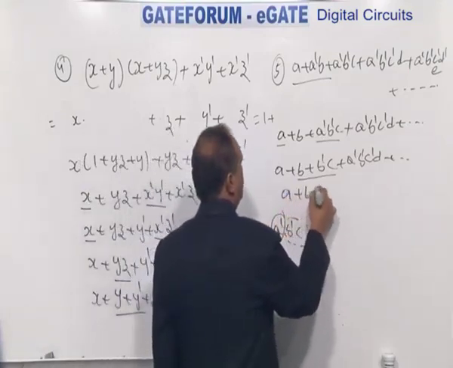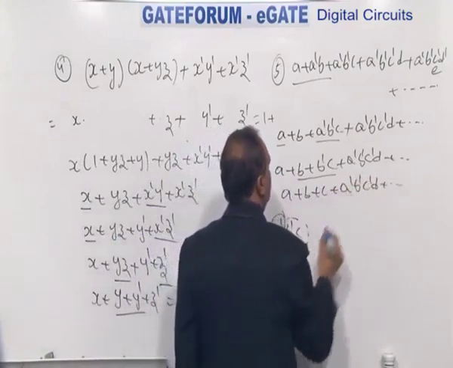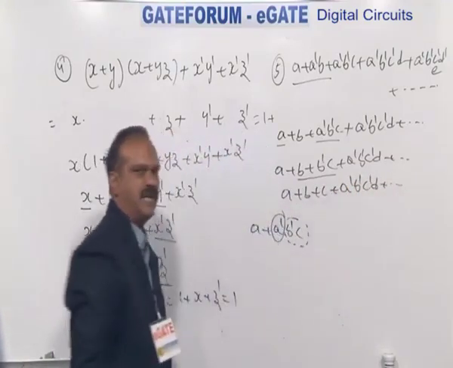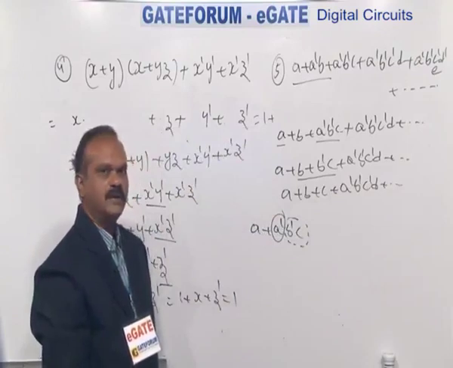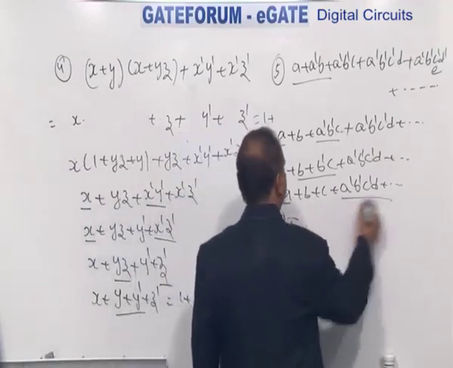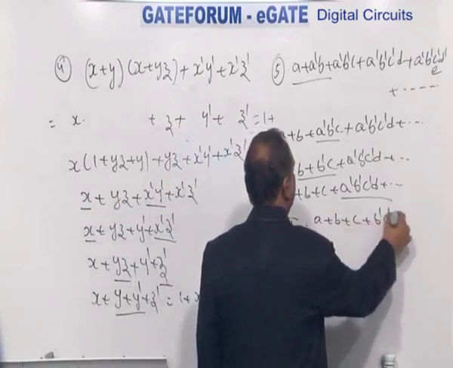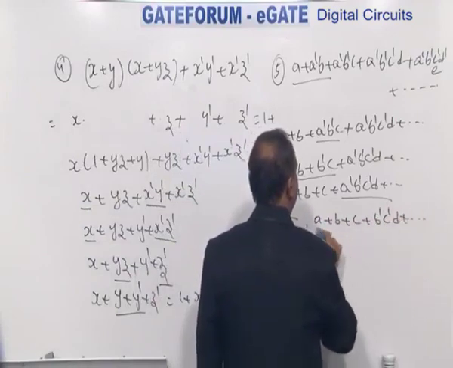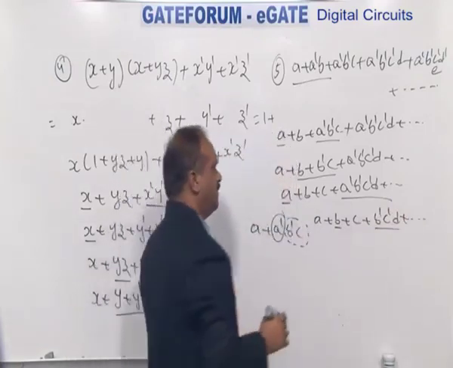So you will get a plus b plus c plus a bar plus b bar plus c bar plus d, and so on. Again, if you take the first and last terms, a plus a bar, you can eliminate a bar first. Then you will get a plus b plus c plus b bar plus c bar plus d, and so on. Again taking the second and last terms, b plus b bar, b bar can be eliminated.